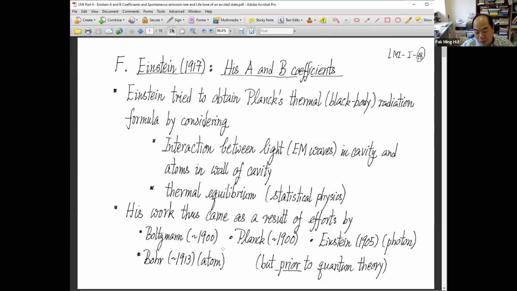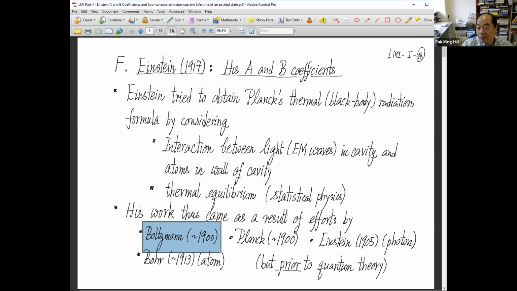So what did we know in terms of physics at that time? Certainly we had Planck's formula, and then we know something about the photon due to the work on Planck's formula interpretation, as well as the photoelectric effect. And at the same time, Boltzmann formulated his statistical mechanics.